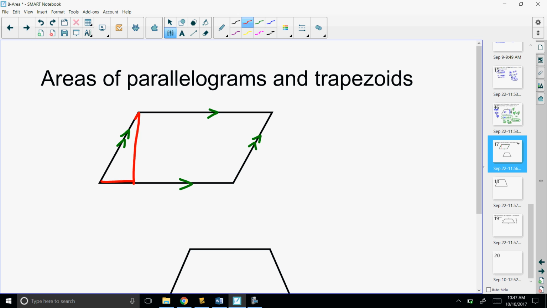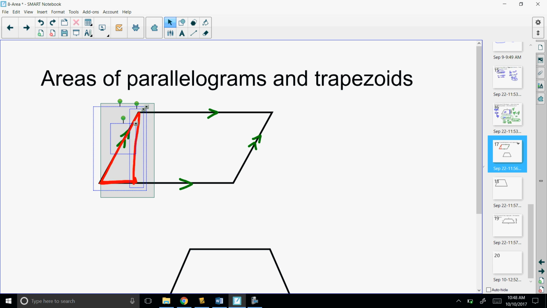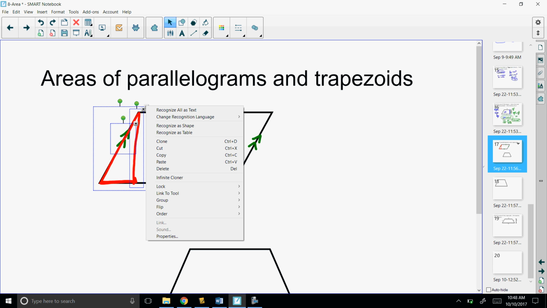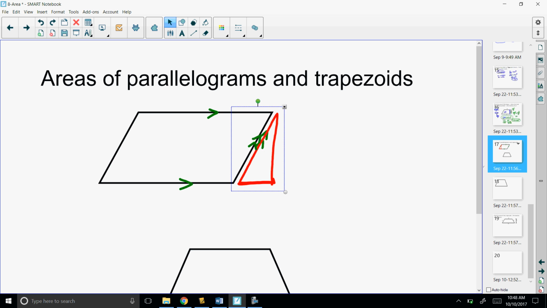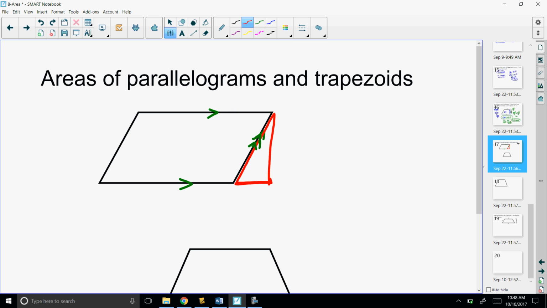And then if I were to take that right triangle piece and chop it off, what we're going to do is move that and slide it right over here to this position. So what I have done is I have removed this right triangle right over here. It's now gone.